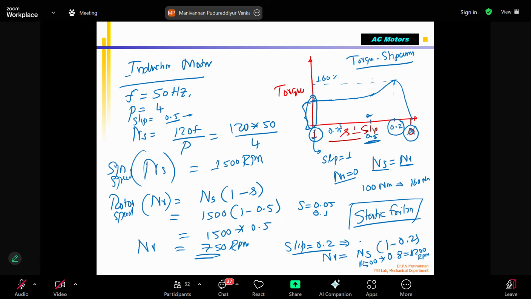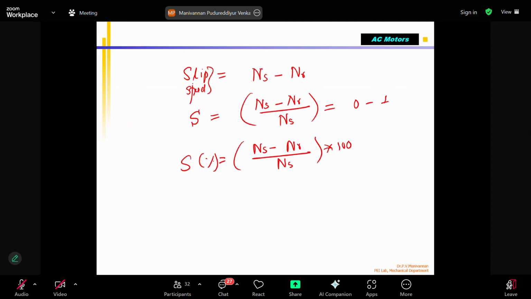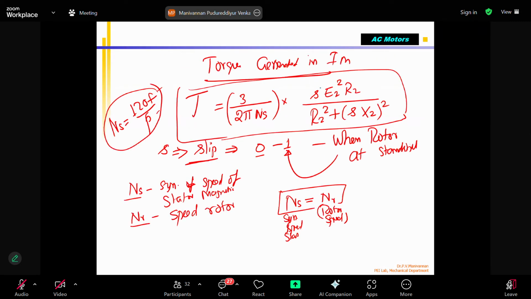I'm sorry, just a question came to your mind. Yeah, no. See, another thing also. The torque equation, see in the torque equation what we saw. Here S means slip. In this equation, you can see that slip is part of the torque of the motor.